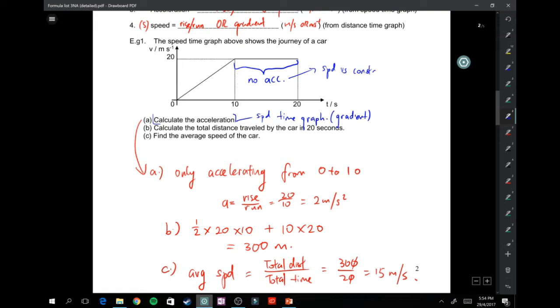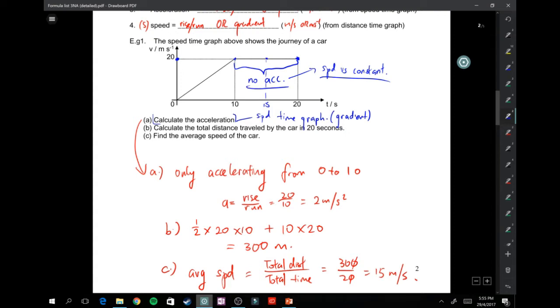At 10 seconds the speed is 20, at somewhere about 15 seconds the speed is still 20, and finally at 20 seconds the speed is also 20. So if the speed remains at 20 for a whole 10 seconds, in other words speed is constant, and where speed is constant there is no acceleration.